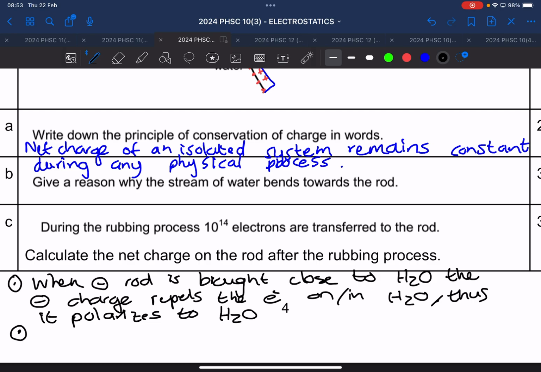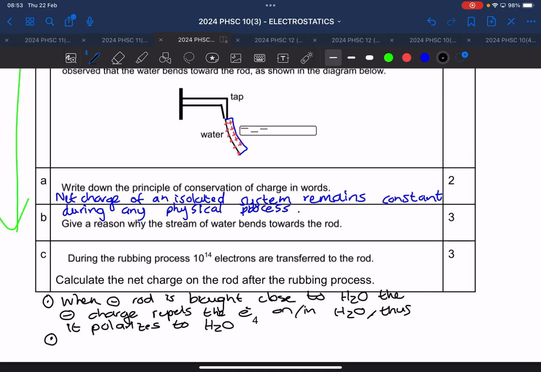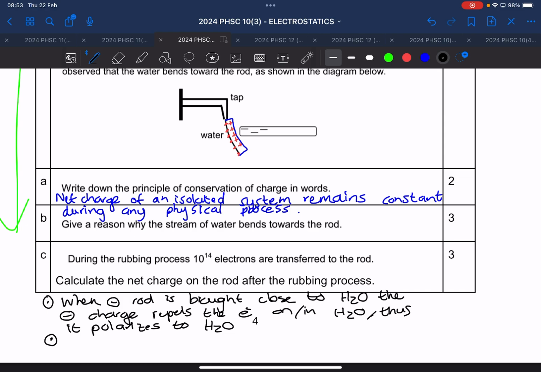Now the water has a positive side. Okay, so now the water has a positive side and a negative side, and the rod is negative.